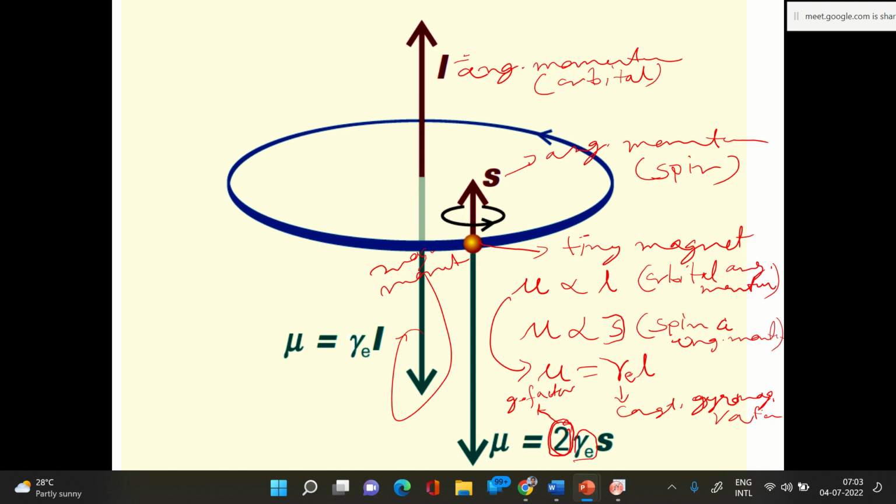It is the moment of the magnetic dipole, or in short we simply say magnetic moment. So the magnetic moment of electrons points in the opposite direction to the angular momentum.